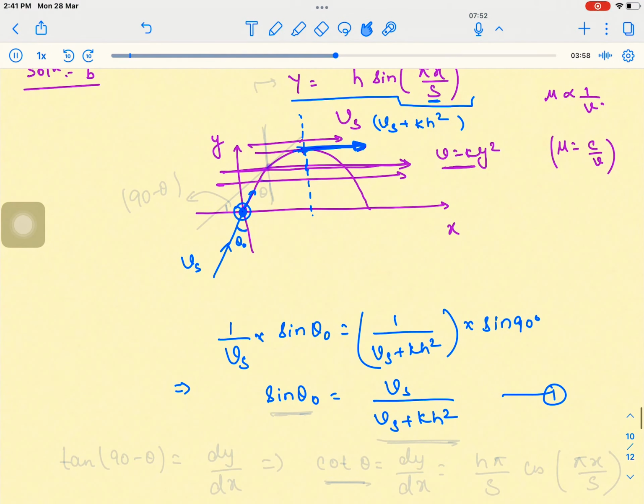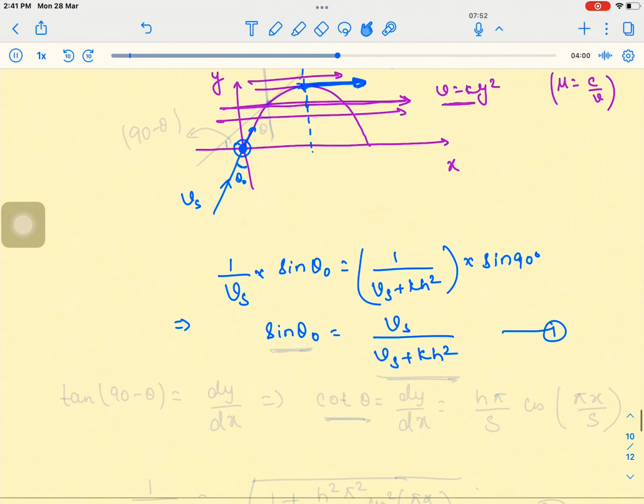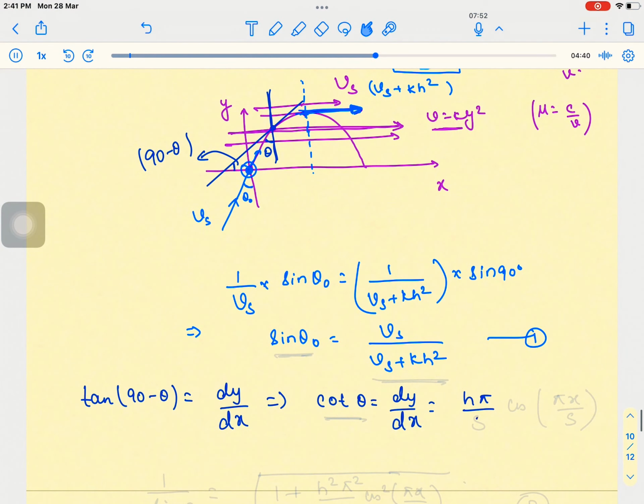So now, using the same law, the refraction is cos of pi x by s. So this is the value of cos theta.